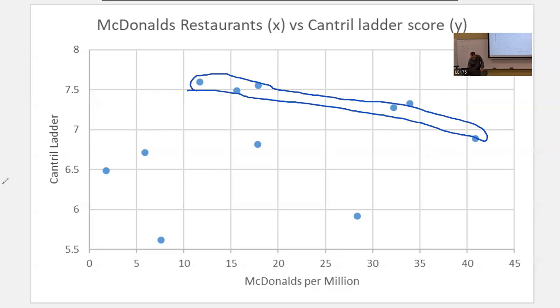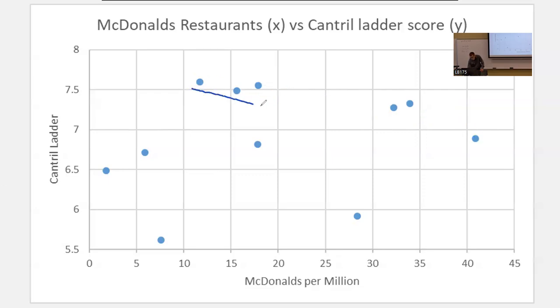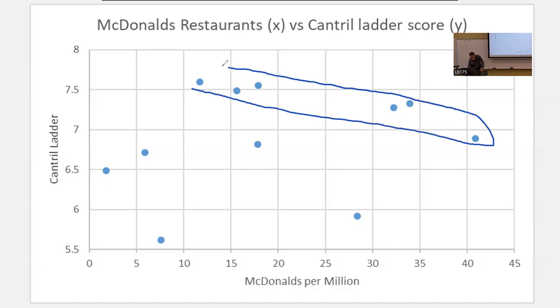Let me go again. Okay, so I can pick those data points there. And those data points are going to form a fairly straight line. The R value is going to be negative, something pretty close to 1.